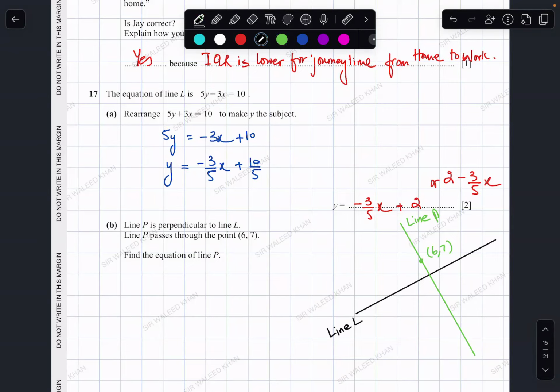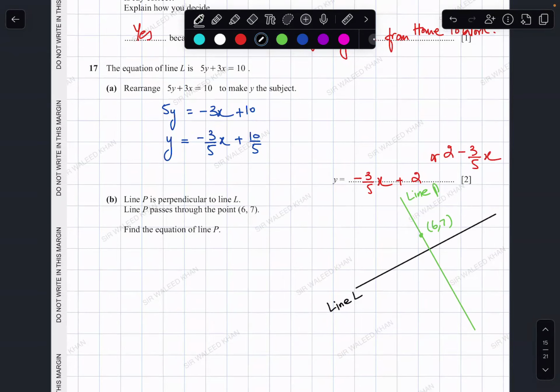So to figure out the equation of line P, we are more concerned about line P equation. We can use help from line L because we have the equation of line L. Line L, what is the equation? The rearranged version, I'm writing that because I've already rearranged that. And I can figure out the gradient for that.